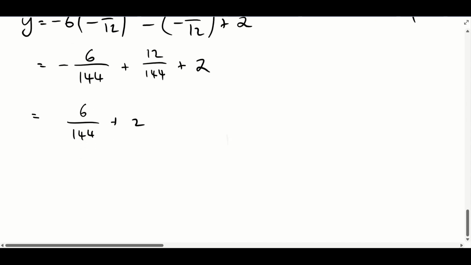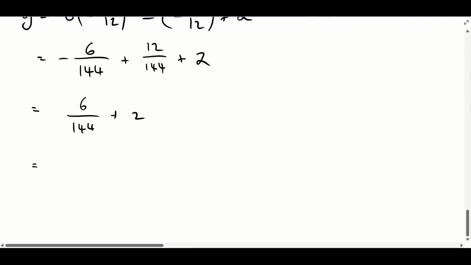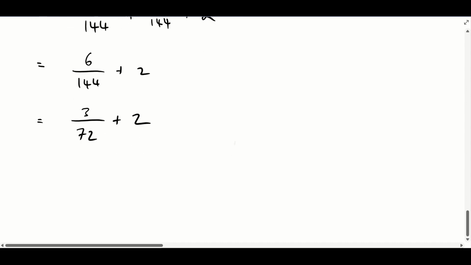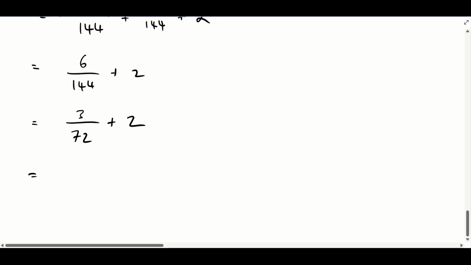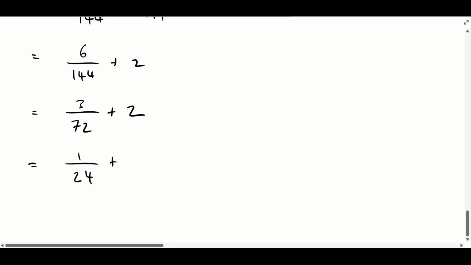Now 6 out of 144, I can simplify that down to be 3 over, so half of 144, I get 72. We can keep going because 72 is divisible by 3, so I can do 1 over, what do I get there, 24. And well, 2 I can rewrite as 48 over 24. So my final answer is 49 out of 24.